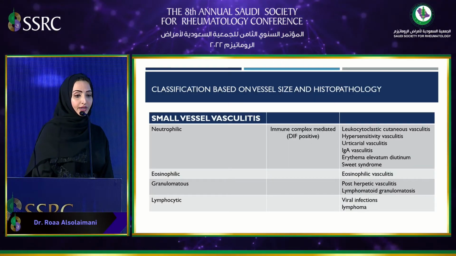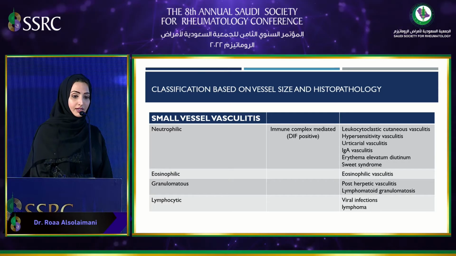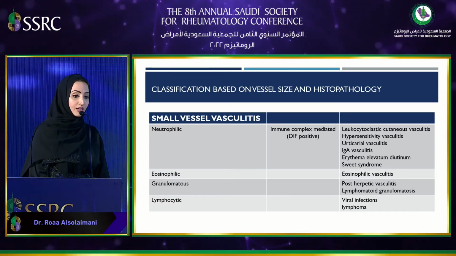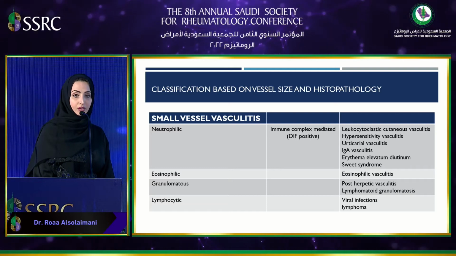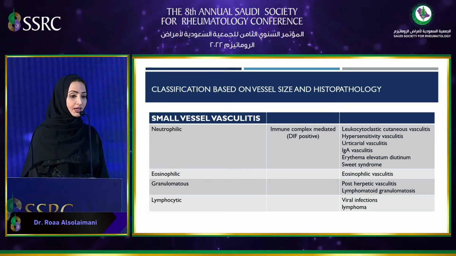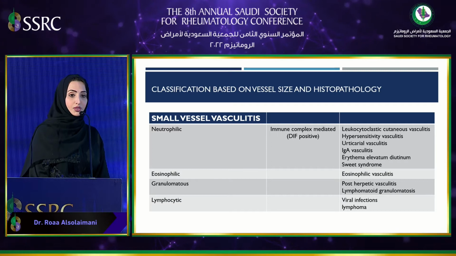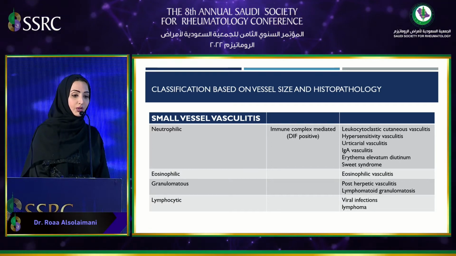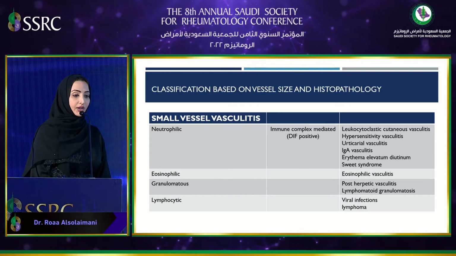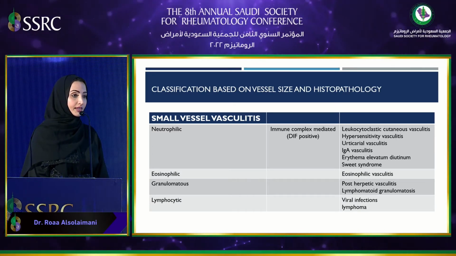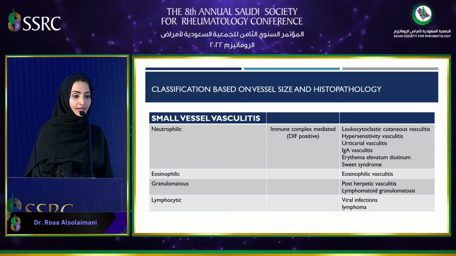To classify cutaneous vasculitis based on the vessel size and histopathology, if we start with small vessel vasculitis, hypersensitivity vasculitis, urticarial vasculitis, and IgA vasculitis all present with mainly neutrophilic infiltrates with a positive immunofluorescence test, whereas viral infections and lymphoma, for example, present mainly with lymphocytic infiltrates.